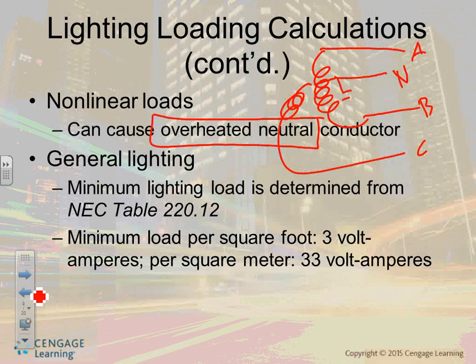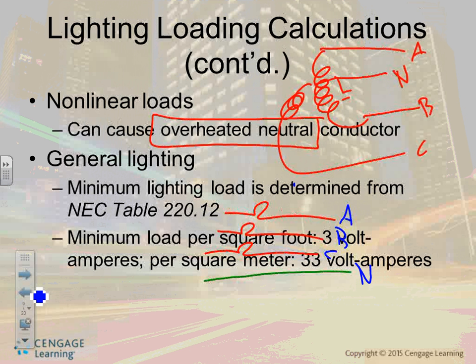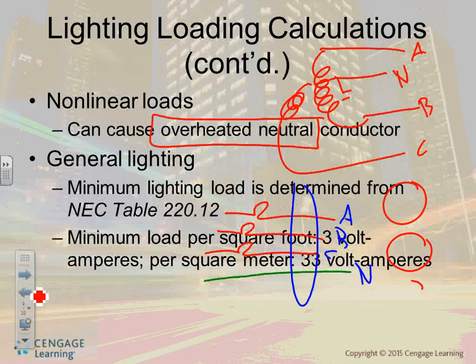Okay? Typically, guys, a typical application of a lighting circuit is to do the following. You take circuit 1, circuit 2, circuit 3, and a neutral. This will be phase A, phase B, phase C, and a neutral. Take them together, and from the other side, here's light 1, light 2, light 3.